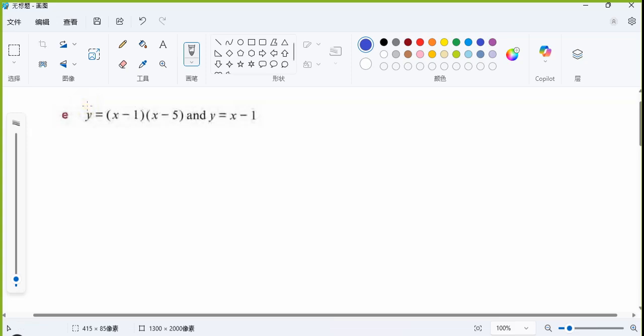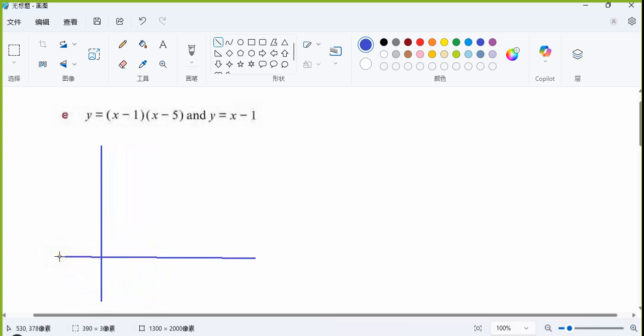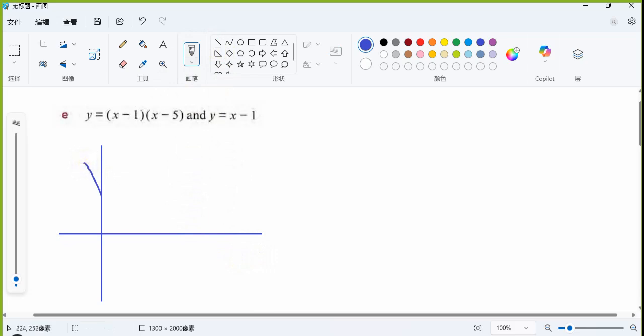So E, we know that the root is 1 and 5. And then when x is 0, y is 5. So we have the 1 and 5 here. So something like this.